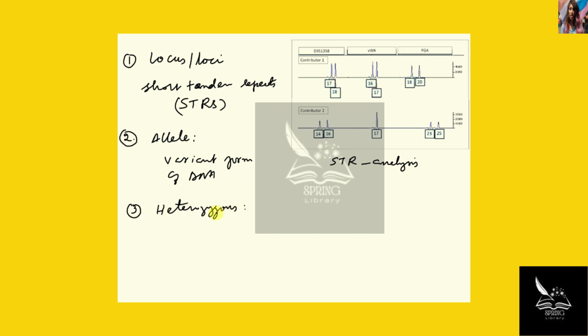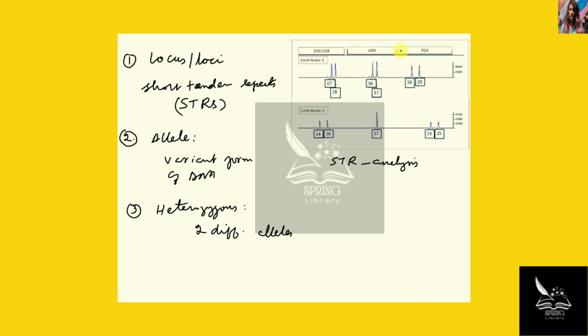The third term, which is defined in terms of STR analysis, is heterozygous. An individual is heterozygous at a particular locus if they have two different alleles for that gene. In the STR analysis chart, we can see that contributor 1, or suspect 1, is heterozygous for all three loci.